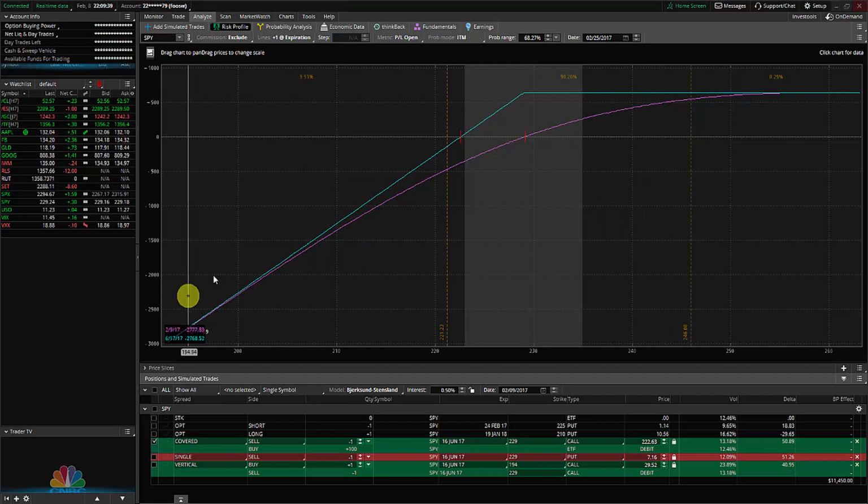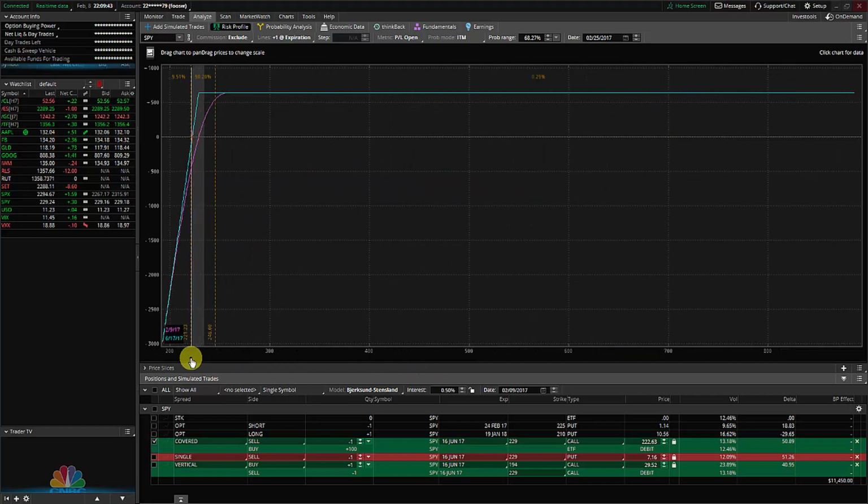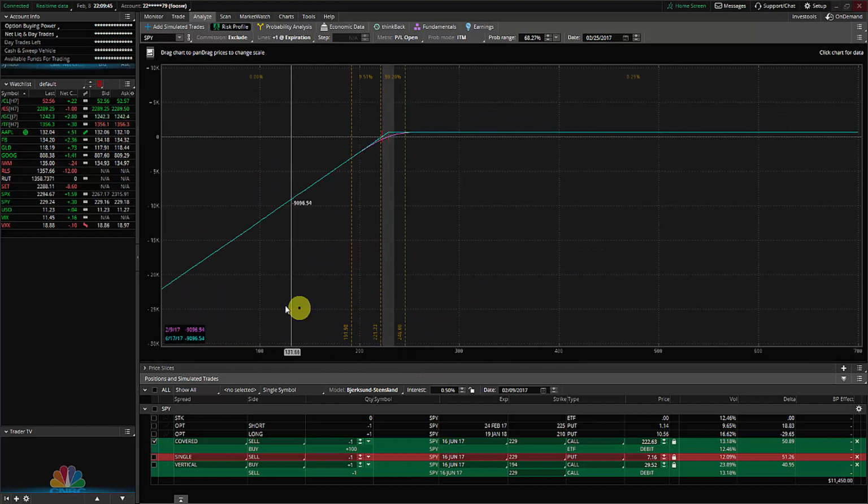On the downside, you have unlimited risk all the way to zero. If the stock were to drop to zero, then you're going to lose over 20,000. But will the stock drop to zero or not, that is another totally different issue. But that is the risk of a covered call all the way to zero.